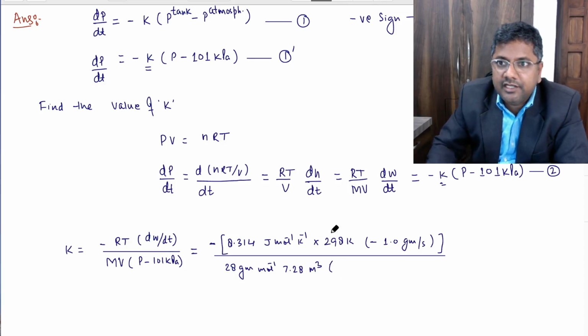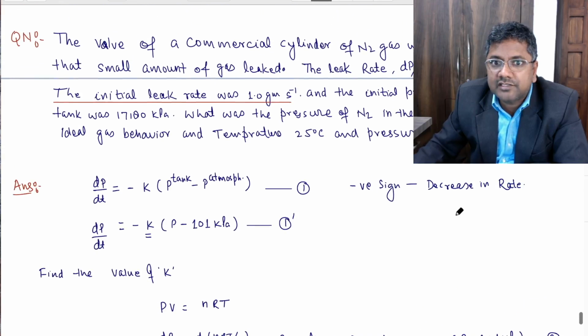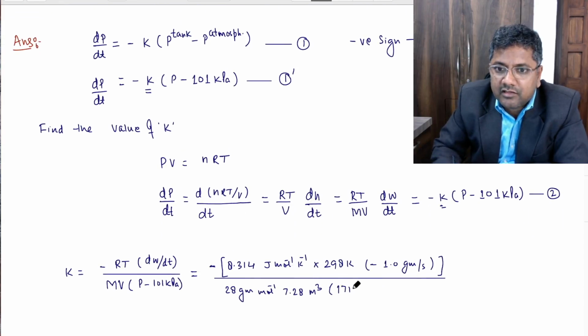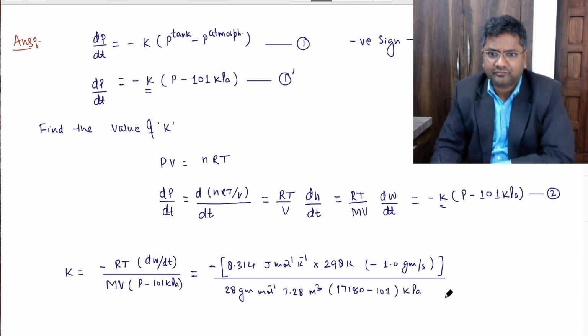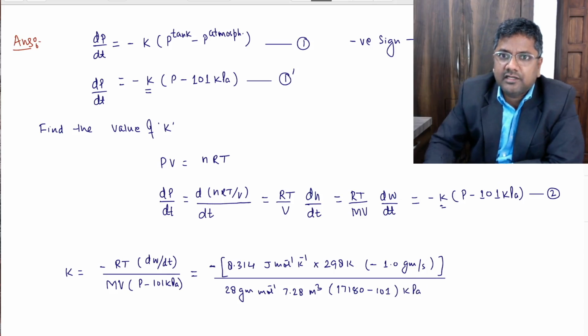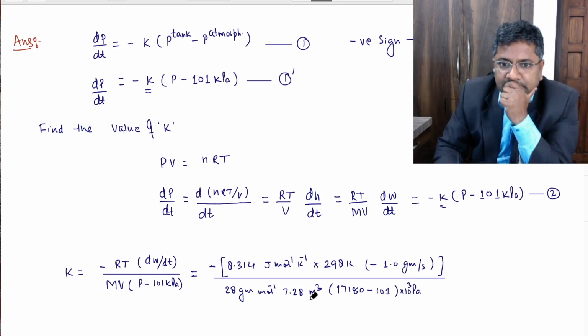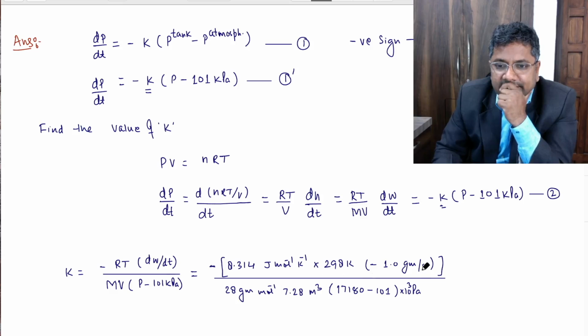And what was the initial pressure? Initial pressure was 17180 minus 101. This is in kilopascal, so we put it in pascal by multiplying by 10 to the power 3 pascal. I think all the units are fine.